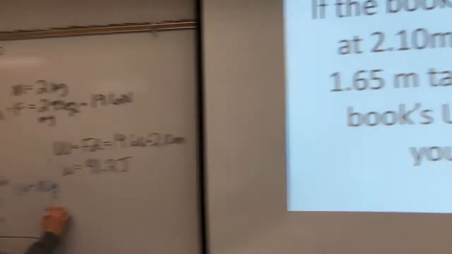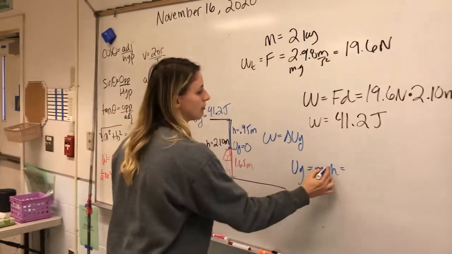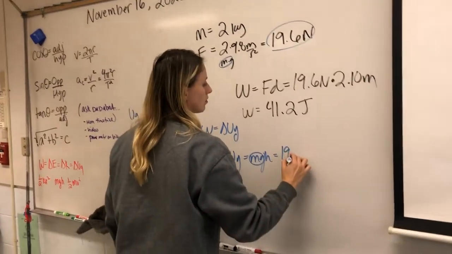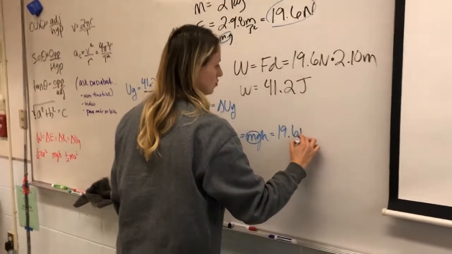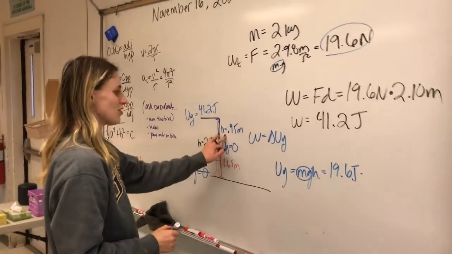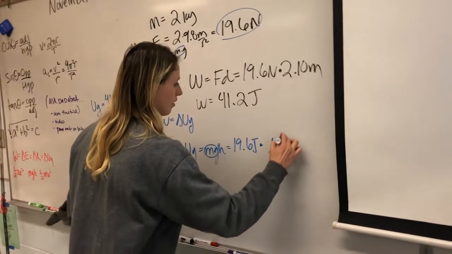Now we know that gravitational potential energy is mgh. We know m and g give 19.6. You could do the whole thing again if you wanted to, but we're lazy. Our new height relative to my head is just 0.45 meters.